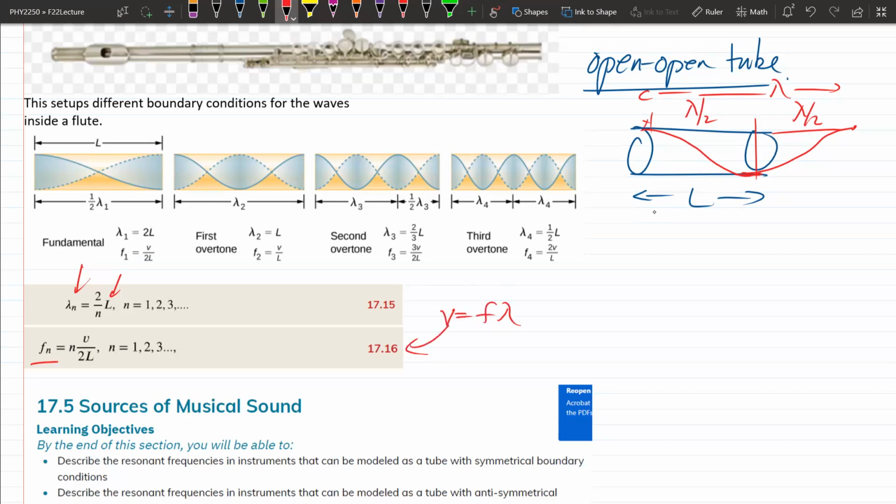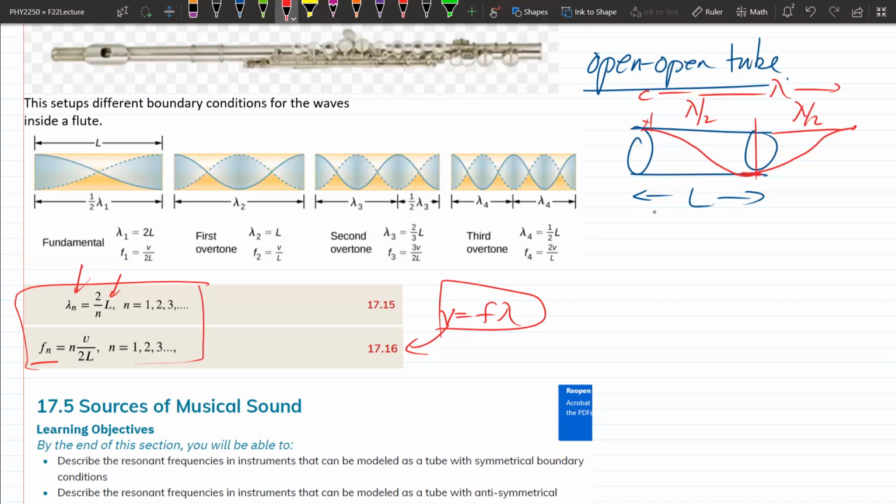That allows you to convert that equation to the frequencies of sound that a flute, in other words an open tube system, would produce. And that's actually what's going to be on the worksheet today. So you probably want to copy these down. And this one you should always know: the speed of sound is the frequency times the wavelength.